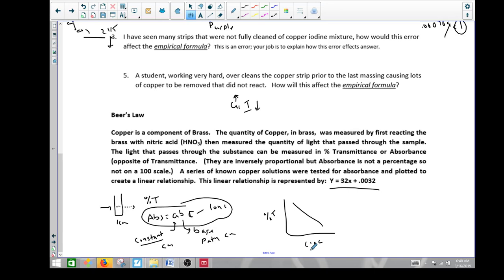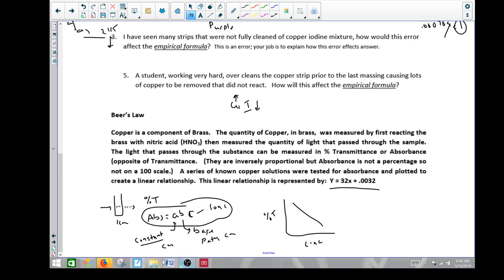They are inversely proportional, but absorbance is not a percentage, so not a 100 scale. So as one goes up, the other one goes down, but it's not proportional. A series of known copper solutions were tested for absorbance and plotted to create a linear relationship.